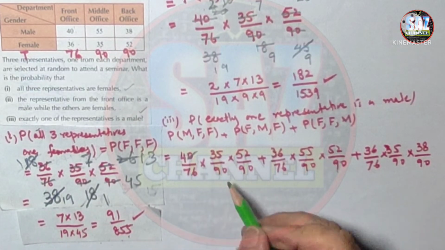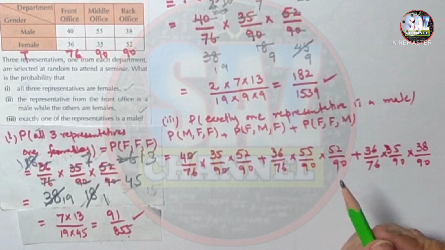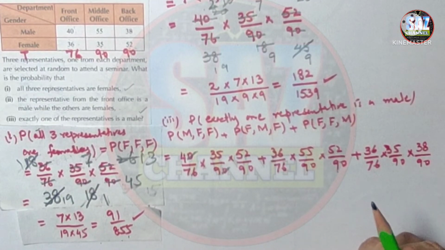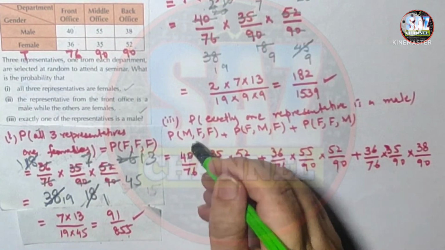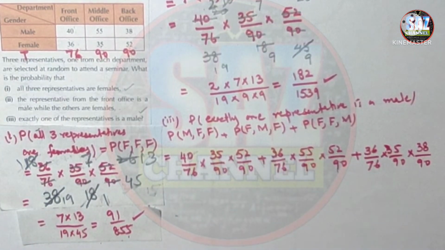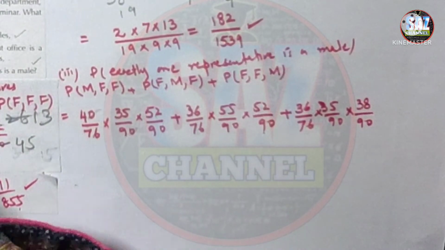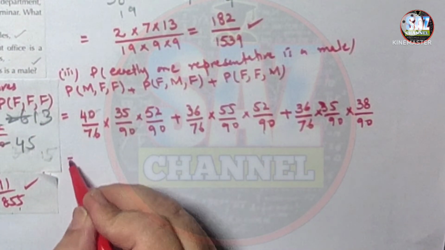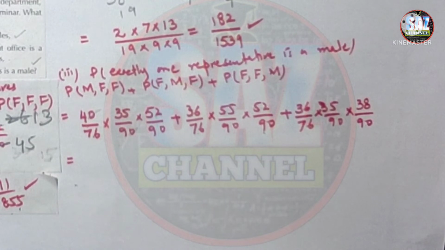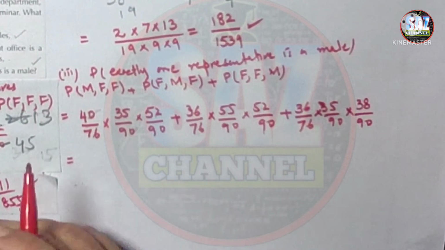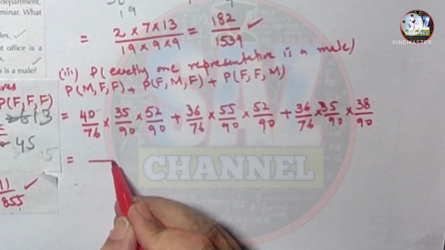Now it's the time to go for the simplifications, and for the simplification purpose, in the beginning I will be trying to go with pencil. It's a big and large calculation. So what we can do is keep the denominator the same and then simplify, because otherwise I have to take the LCM and the numbers will become quite large. First let me multiply the denominators: 90 multiplied by 90 multiplied by 76.